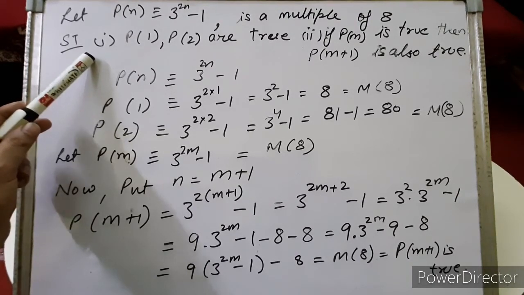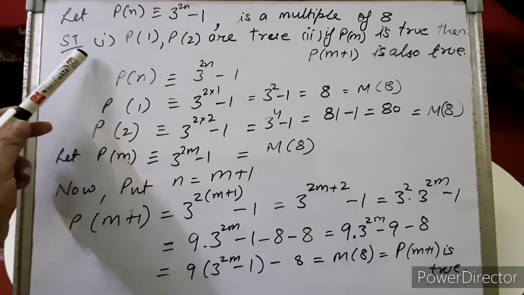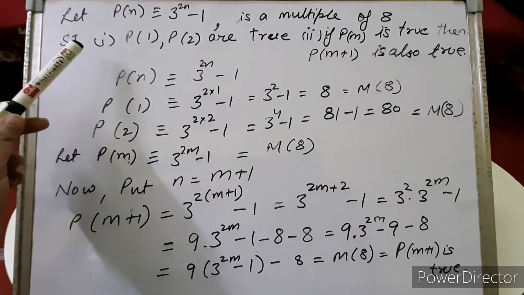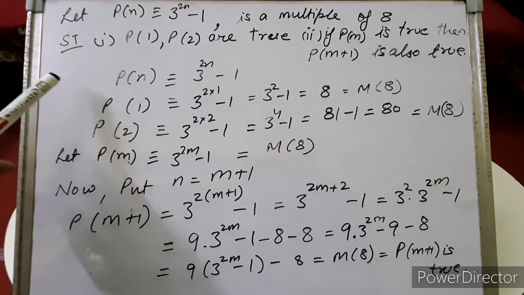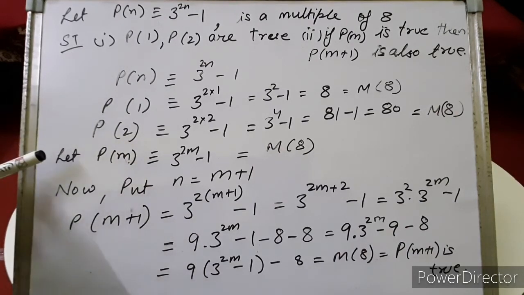Now let's come to the next part. In the next part, the question says if Pm is true, then show that Pm plus 1 is also true. So let's assume that Pm is 3 to the power 2m minus 1. When we put n equals m, we'll get 3 to the power 2m minus 1, right?